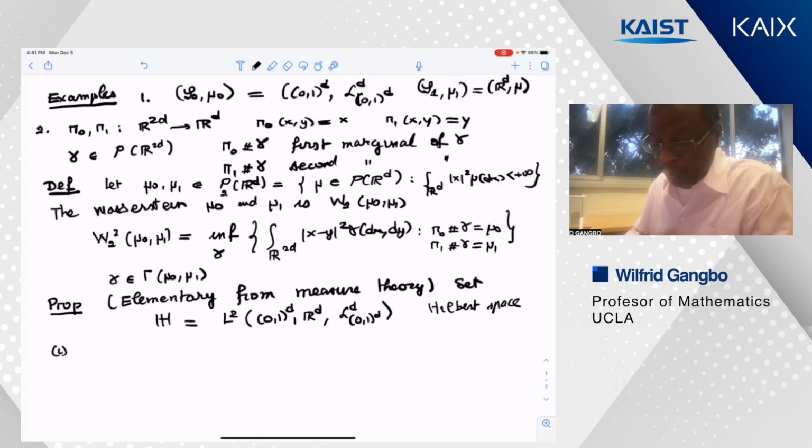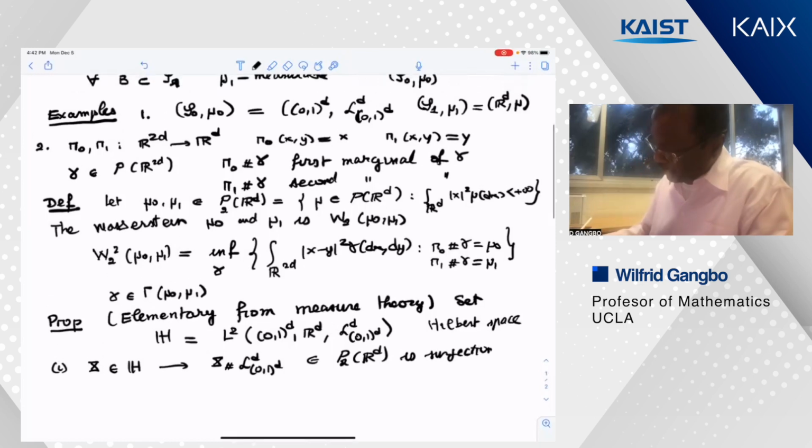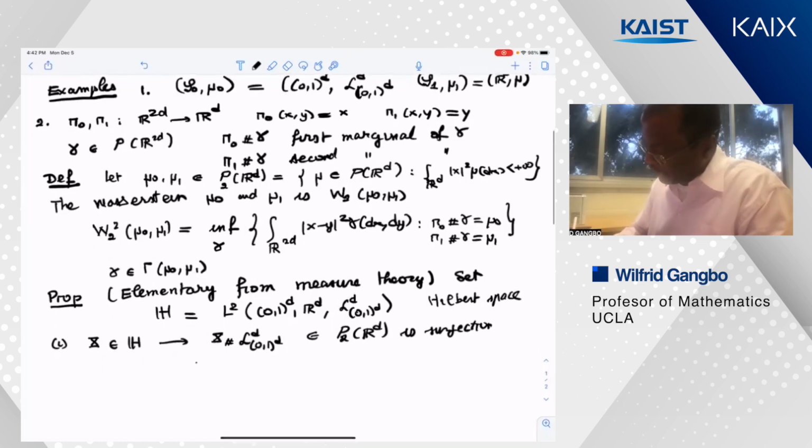First, the map which to X in H associates X push forward the Lebesgue measure. This map is surjective. And if this is mu, I am going to write that the law of X is mu, in short.